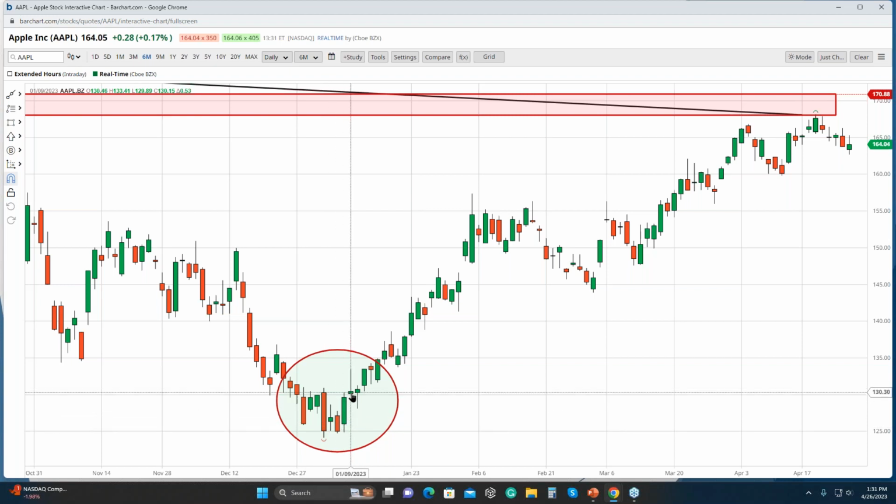And look at the day of January 9th, where we got the buy signal on the Heikin Ashi. What do we see here? This is an inverted hammer. Not really a bullish sign. This is actually telling us that selling pressure has come back into this market.